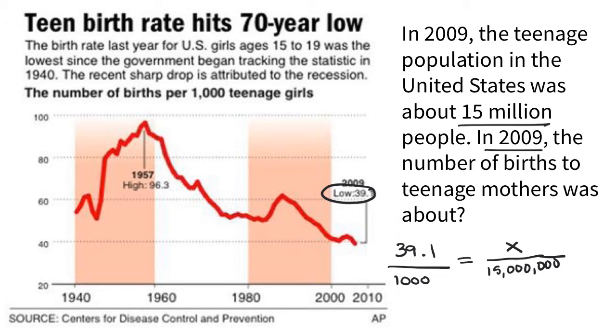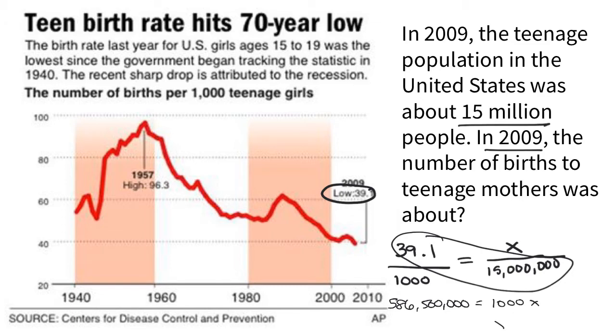And just like we did in the previous problem, I am going to cross multiply. So when I cross multiply, I'm going to get 15 million times 39.1. When I do that on my calculator, I get a huge number. I get 586,500,000. So I'm going to write that down. 586,500,000. And I know that equals 1,000x.